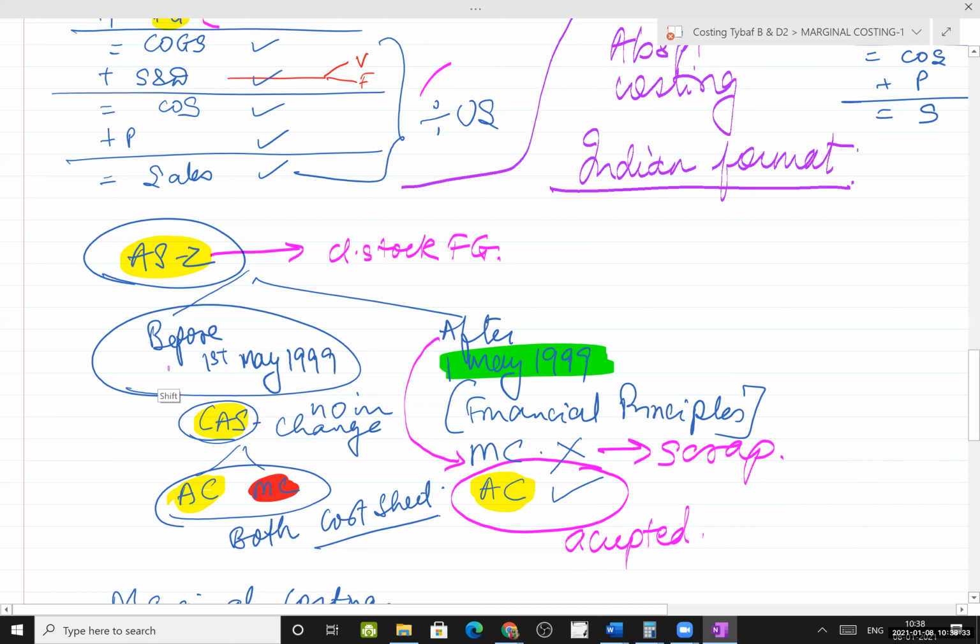And before 1st May, both were accepted. मतलब both the formats.